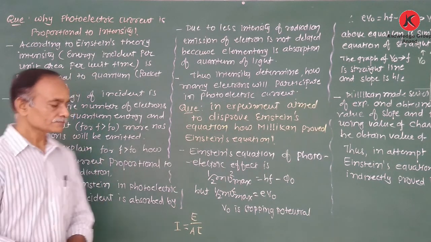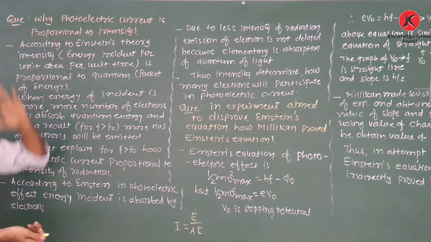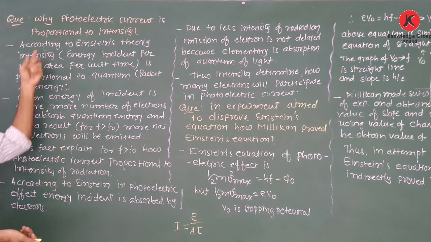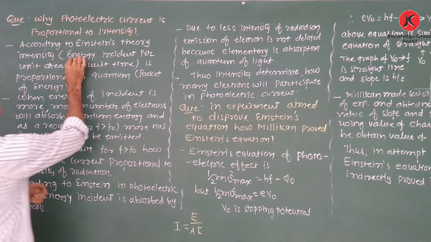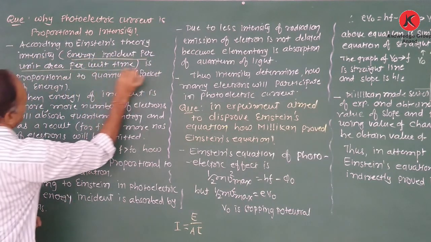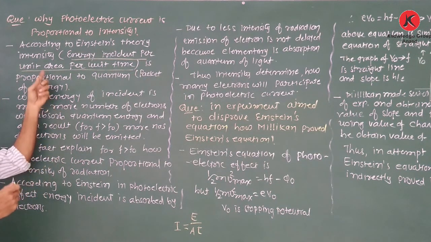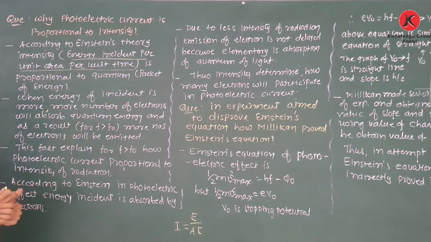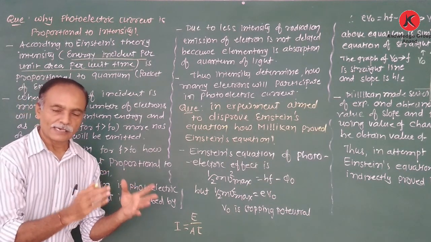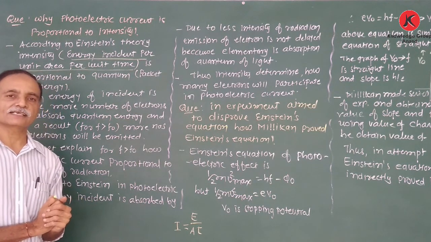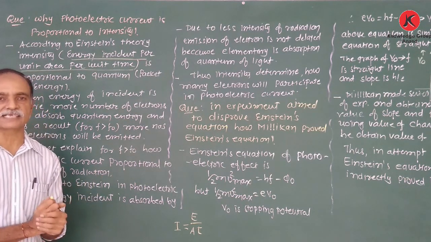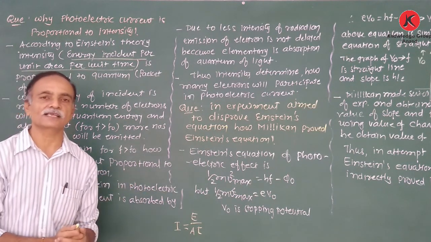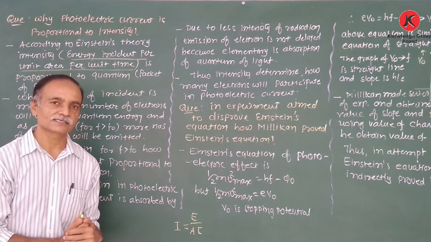Okay. Now, according to Einstein's theory, intensity, that means the energy incident per unit area per unit time, is proportional to the quantum, that means the packet of energy. As the amount of energy incident in the form of radiation increases, the intensity of the light also increases.